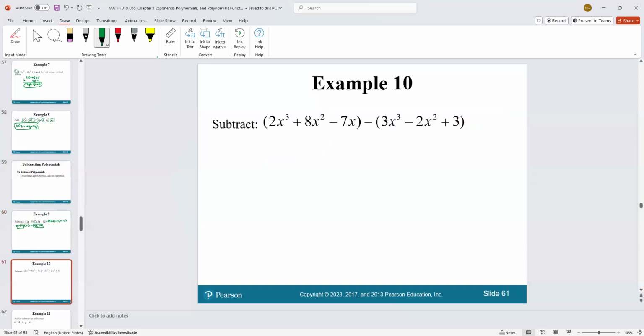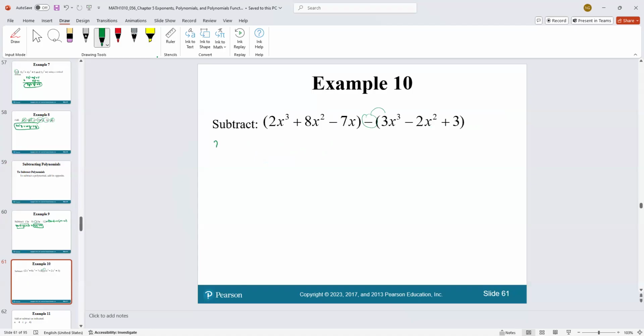We might do even one looking a little bit more complicated than the previous one. Again, I'm going to distribute that negative. If you have a negative in front of parentheses, if you want to get rid of the parentheses, it would change all the signs for the terms inside of the parentheses. Those that were negative become positive, those positive become negative.